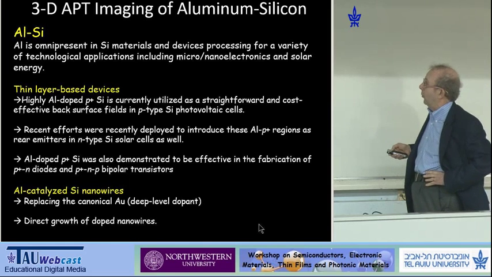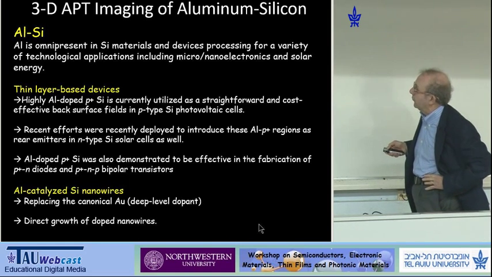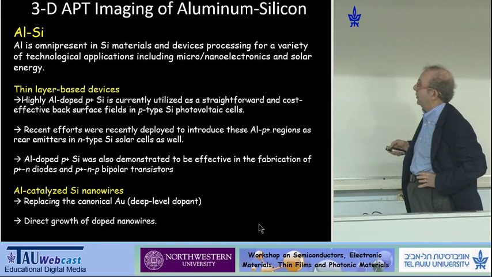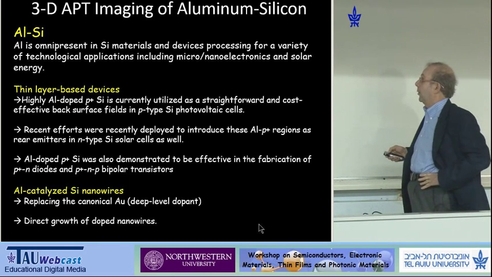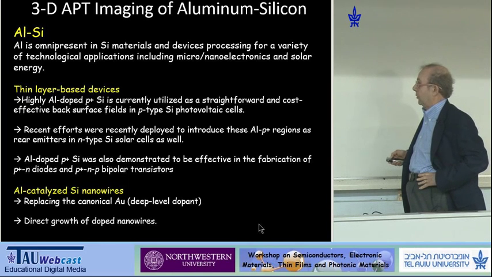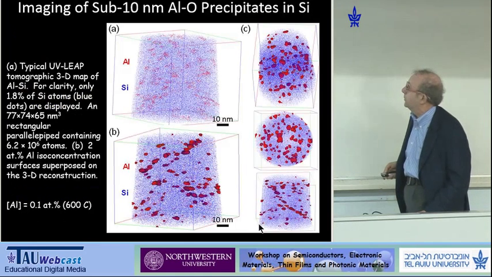People also use aluminum doped with silicon to demonstrate fabrication of PN diodes and bipolar transistors. As I mentioned already, it replaces using gold, and they mastered this technique in Halle.